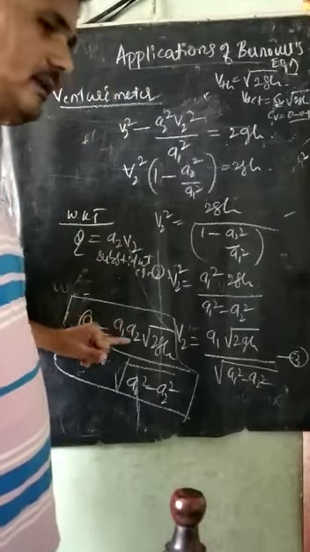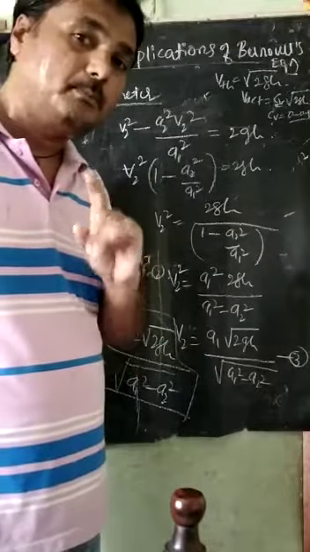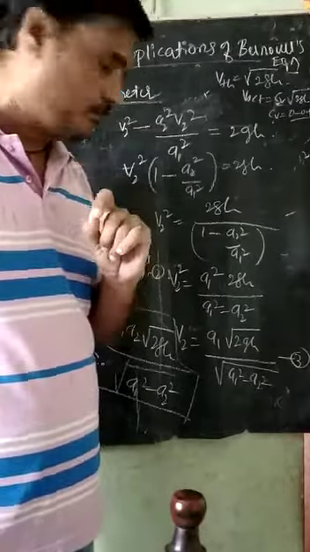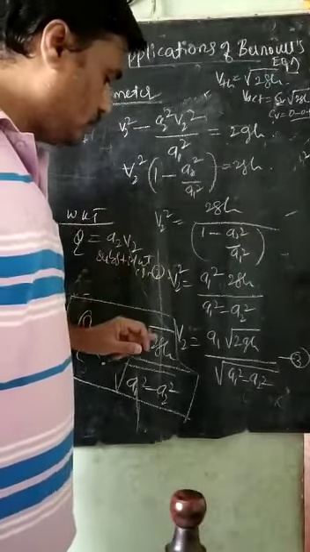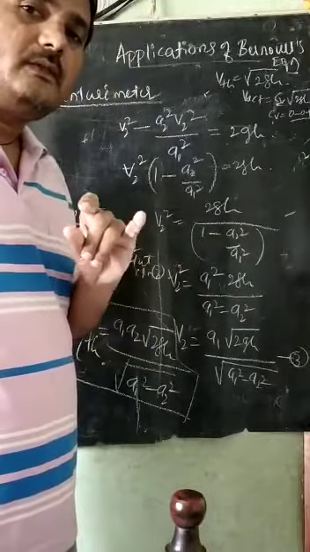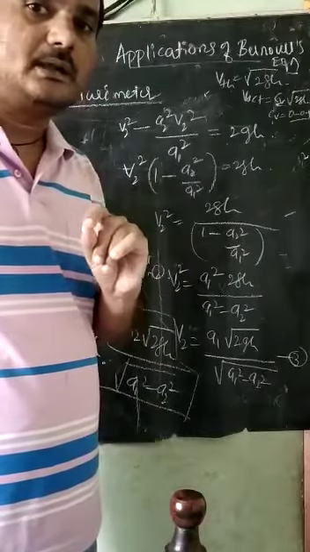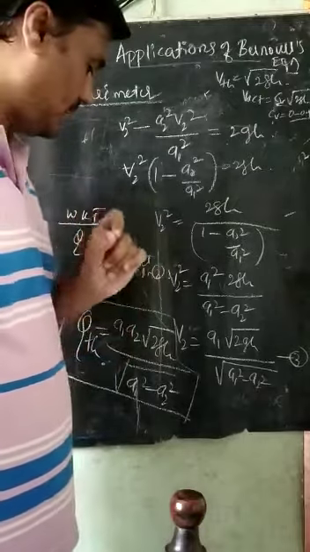A1 is the cross-sectional area of the pipe, and A2 is the cross-sectional area of the throat. H is the differential pressure head, not a height.